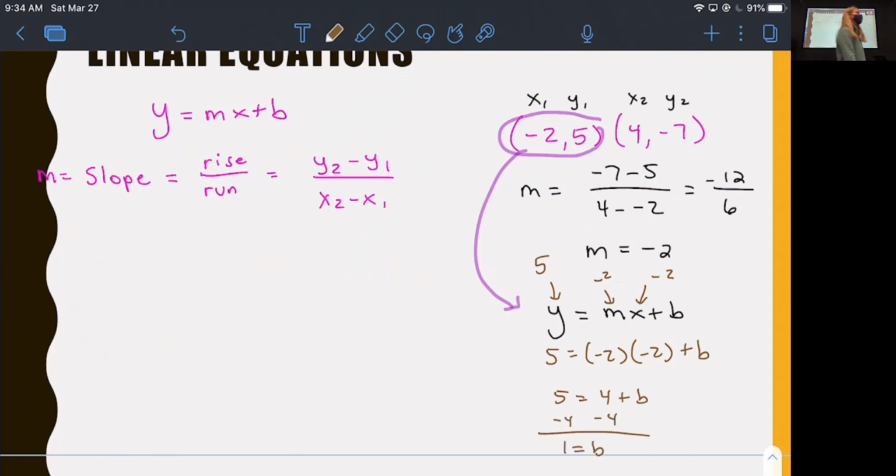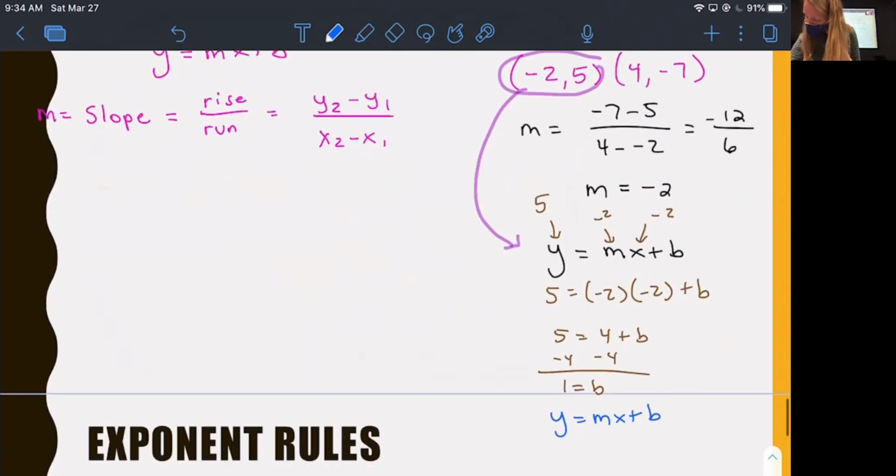And my y-intercept's 1. Now you have the slope and you have the y-intercept. You can write the equation for this line. It would be y equals mx plus b. So it'll be y equals -2x plus 1. And that would be the equation that would match up with those 2 original points.